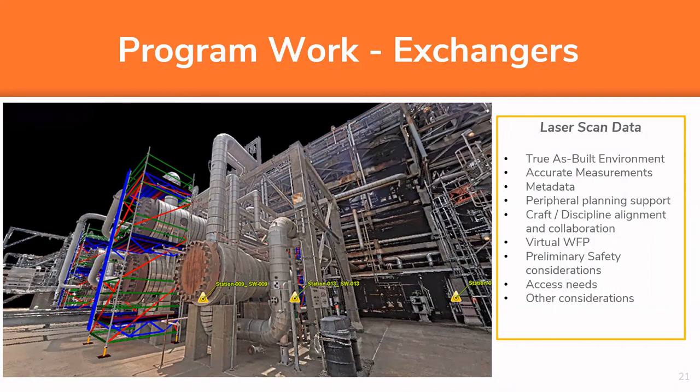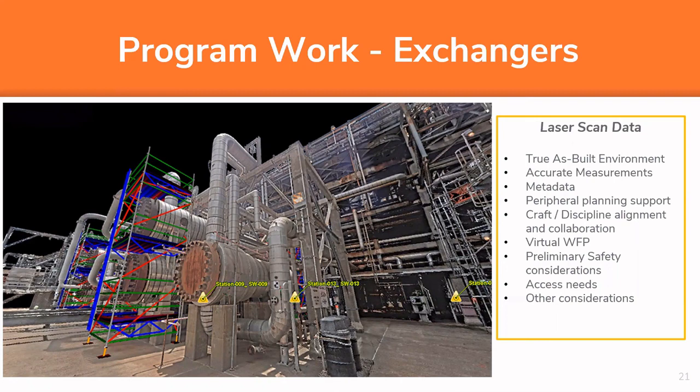And there's a lot of benefits to a laser scan as opposed to a 3D model. One of the biggest benefits is that in a laser scan, you see the true as-built configuration and the environment that you'll be working in. And that assists in a lot of ways. Not only can I still go ahead and do virtual planning and interact with other disciplines, I can get accurate measurements straight from here.